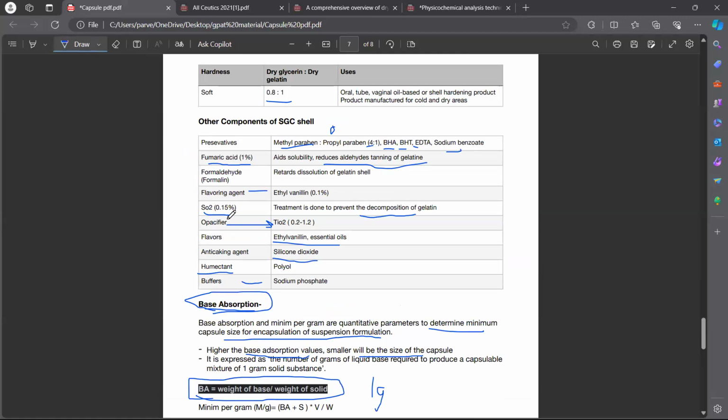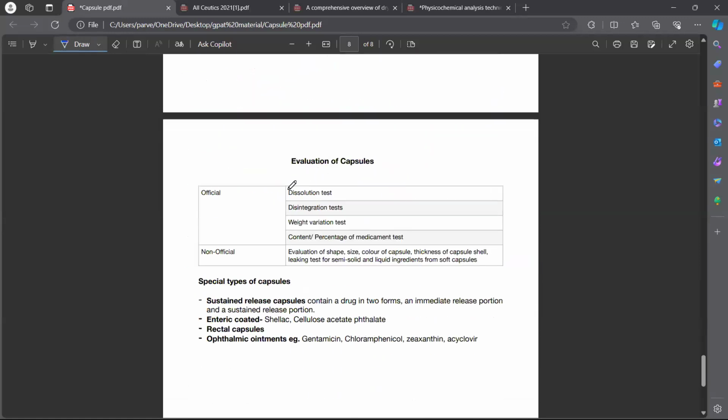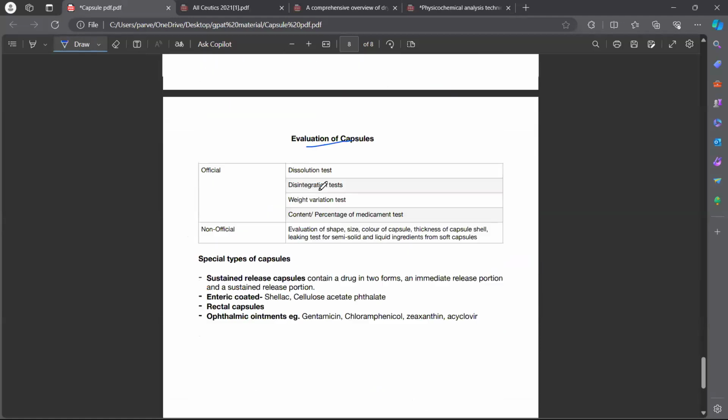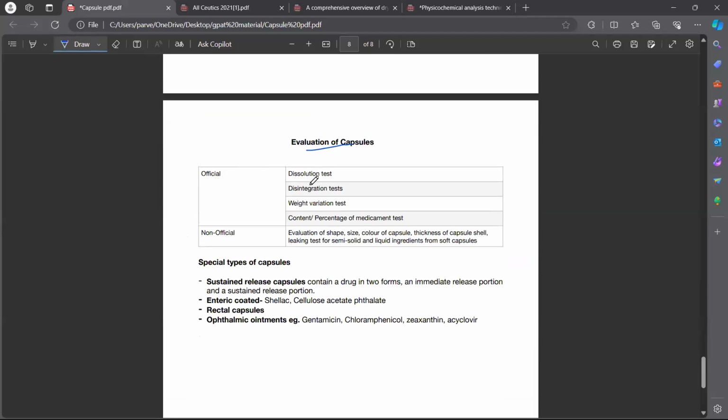So next we are coming to the quality control tests of the capsules. Generally this is for the dissolution. Which apparatus is used for the dissolution of the capsules, in USP? Can you recall, guys?